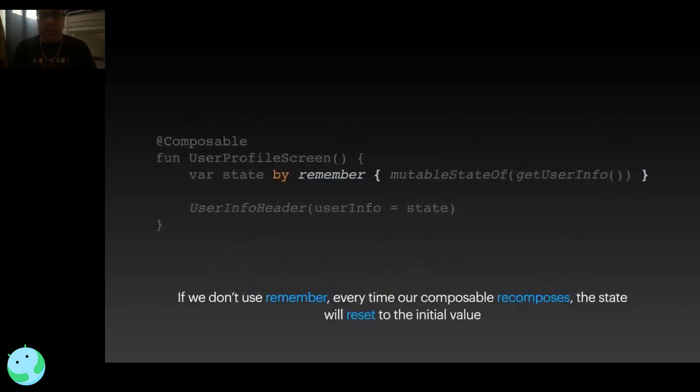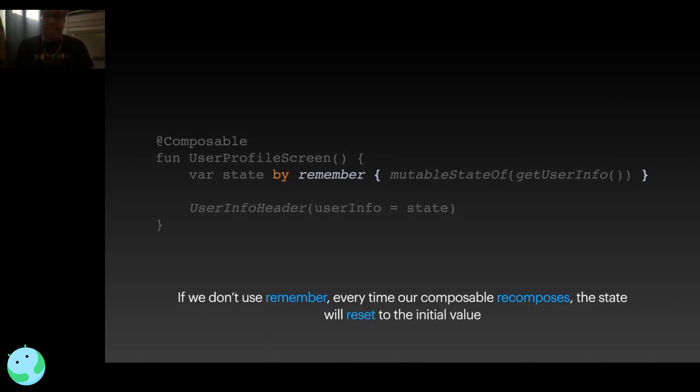We just wrapped the mutableStateOf creation with the remember composable function. If we don't do that, every time our composable recomposes, the state will reset to the initial value. So the changes that you have done to the state won't persist over recompositions.